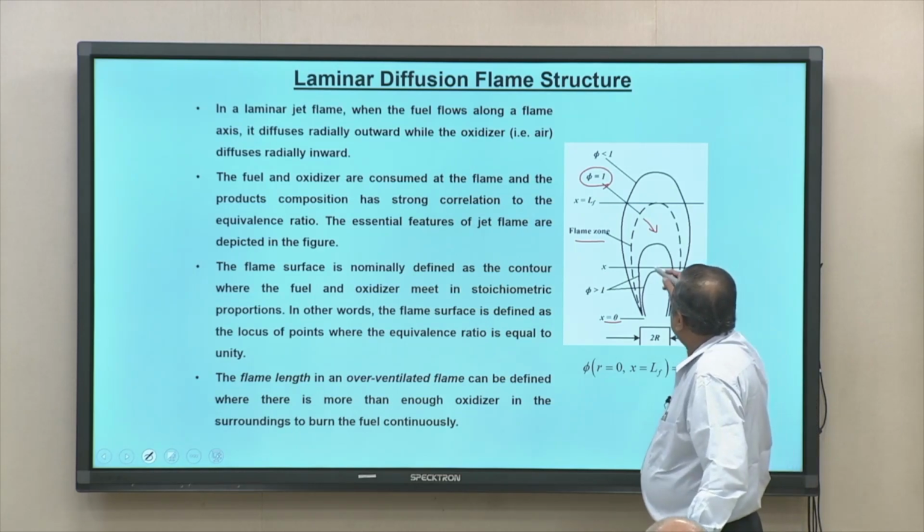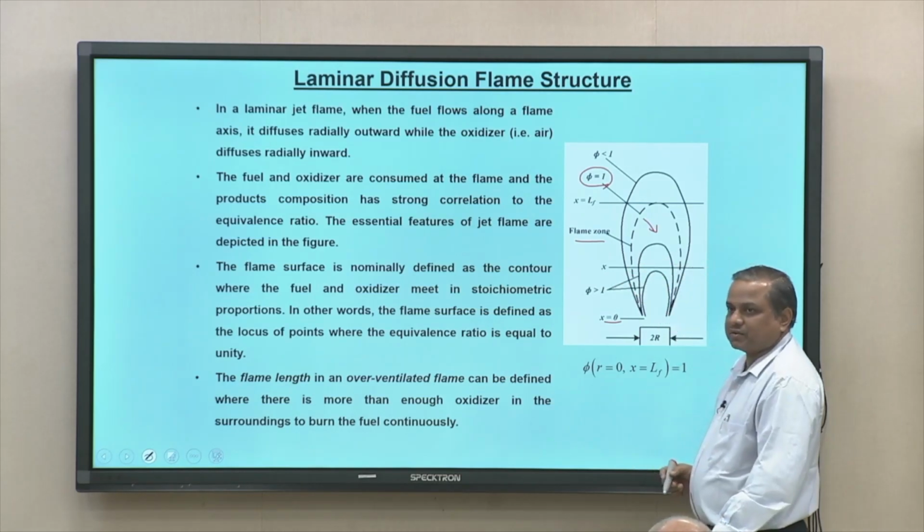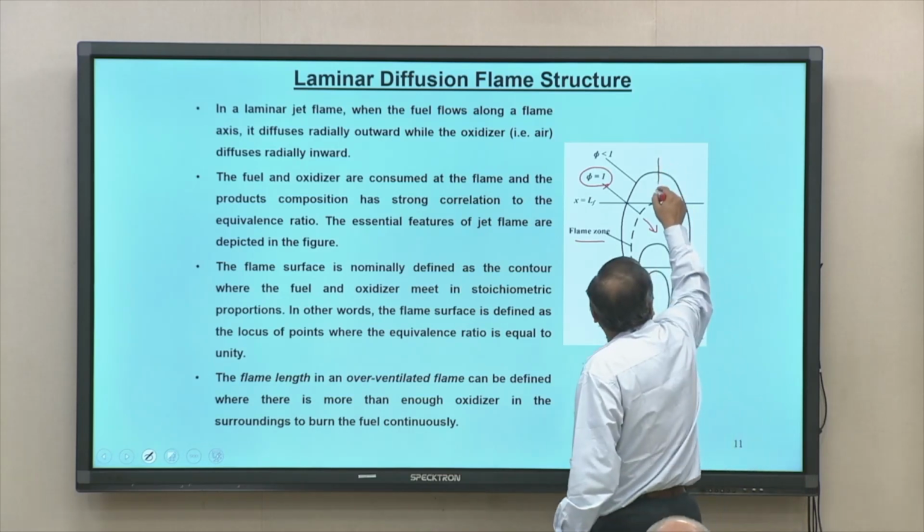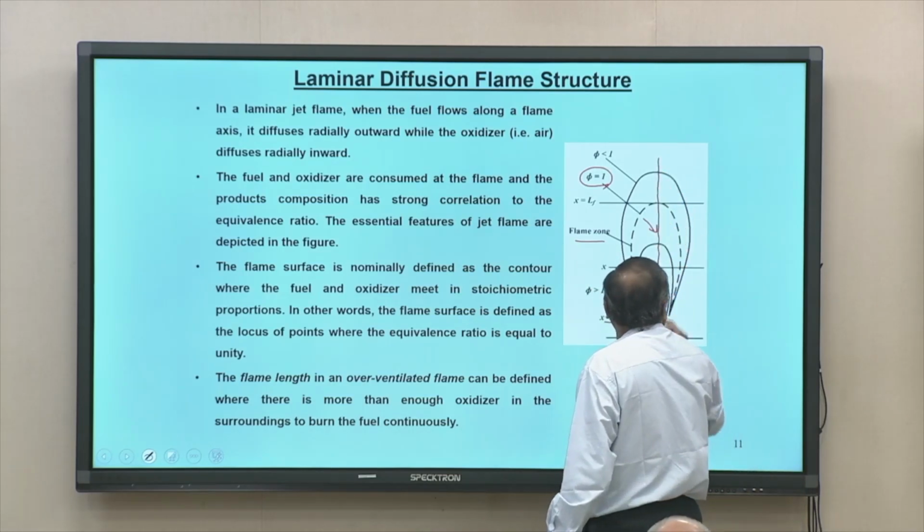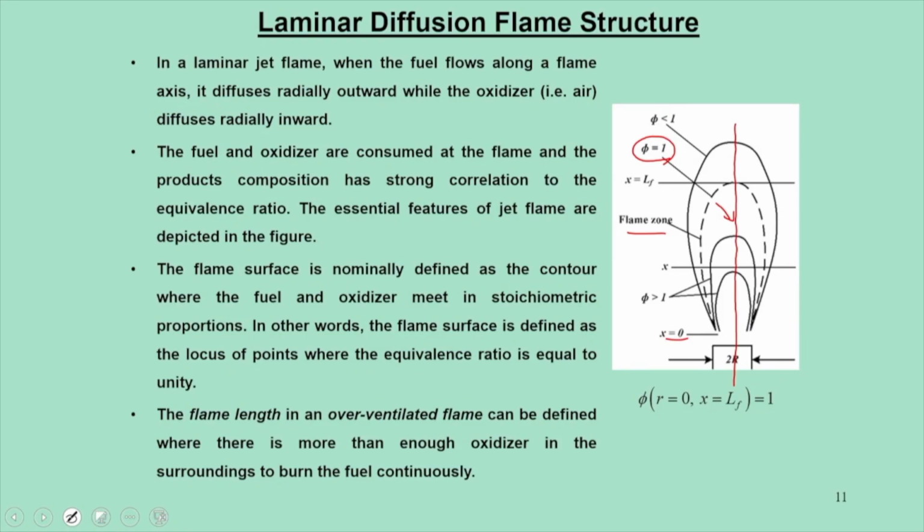Although it is a rich zone or lean zone, one interesting thing is what happens along the axial distance. Along the axial distance, this richness or leanness value varies. If it is a rich region, that value varies. Initially, if you look at the rich region, it is of very high strength, and as you go towards the flame zone, it becomes leaner, and at the flame zone phi is equal to 1.